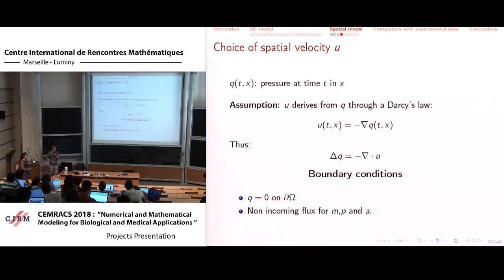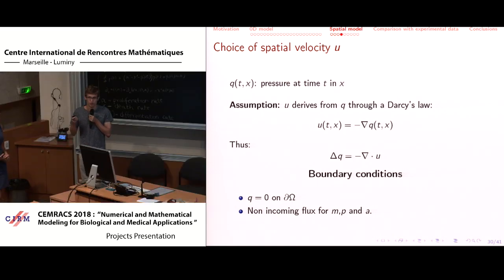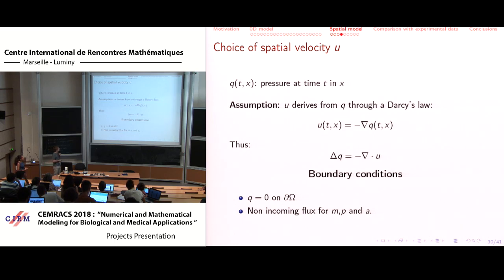So here we assume that U derives from a pressure Q through a Darcy law, this one, with an identity matrix as a diffusion matrix. When we take the divergence of this equation, we end up with a Laplace problem on Q.